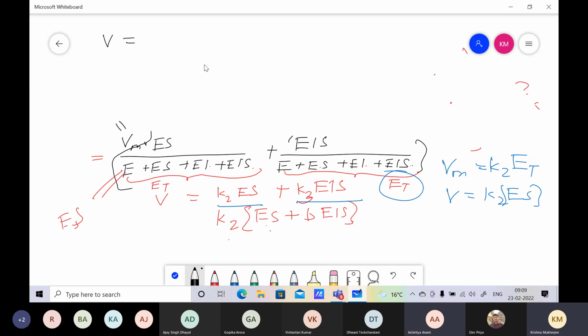Vmax ES upon E. So Vmax and ES, where ES is E into S upon Km.